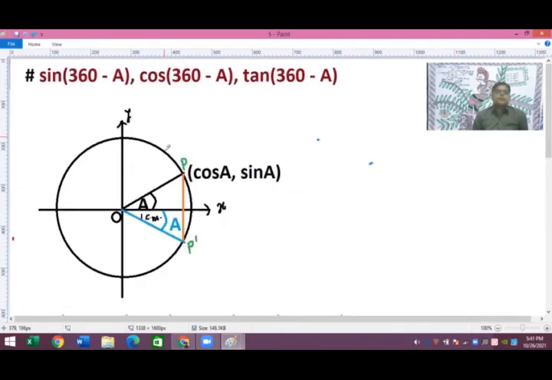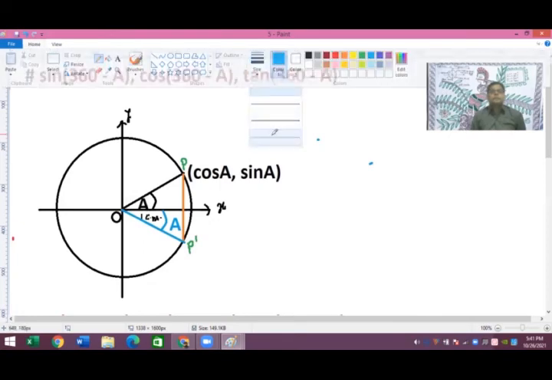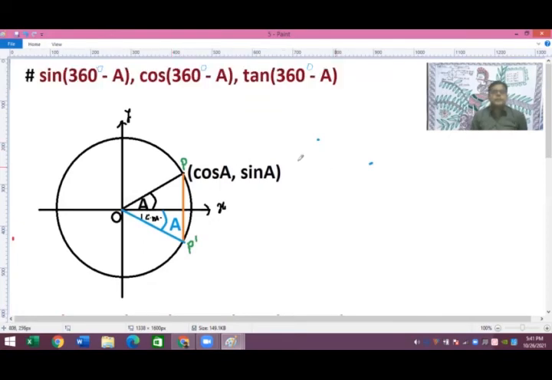And similarly let's now talk about sin 360 degrees minus A, cos 360 degrees minus A, and tan 360 degrees minus A. Alright, so here we'll do again the same work at this point.